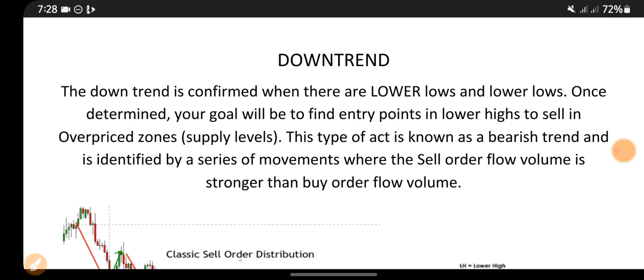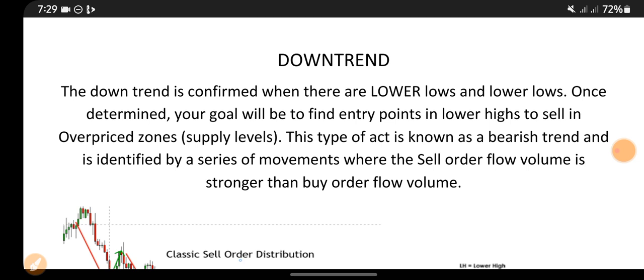So we talked about demand in an uptrend. Now we talk about supply. Demand is actually always down, the bottom part of the chart, that's where the demand is, and the supply is actually at the upper part of the chart. So it's like support and resistance. Do you get the support and resistance?